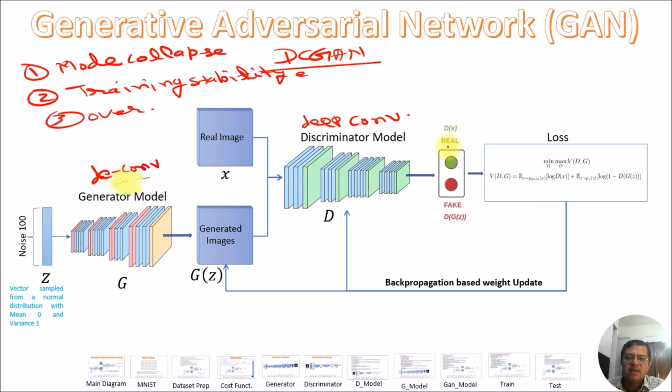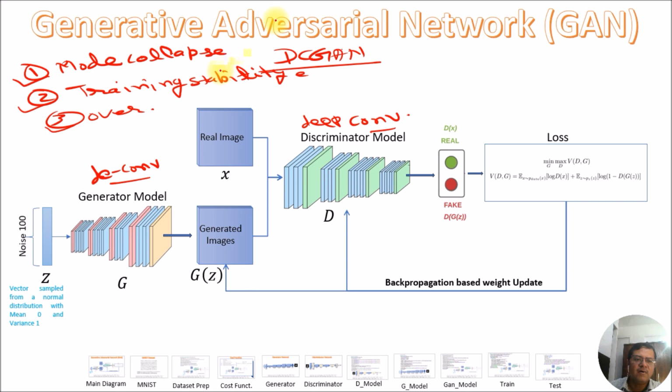Due to this, it lowers the effect of mode collapse, training instability and overfitting a little bit. So this is the reason I decided to cover this deep convolutional GAN architecture, and this is useful also in a lot of different applications.